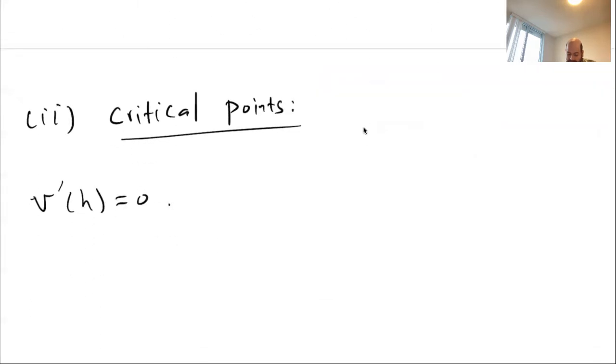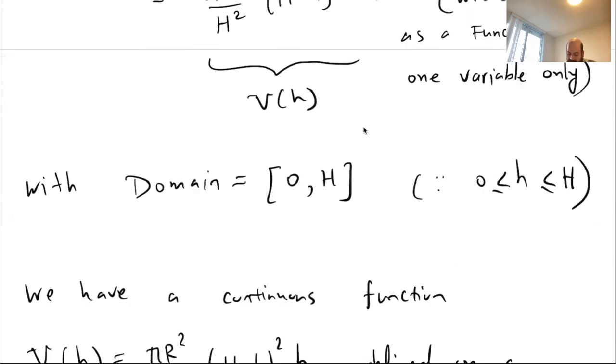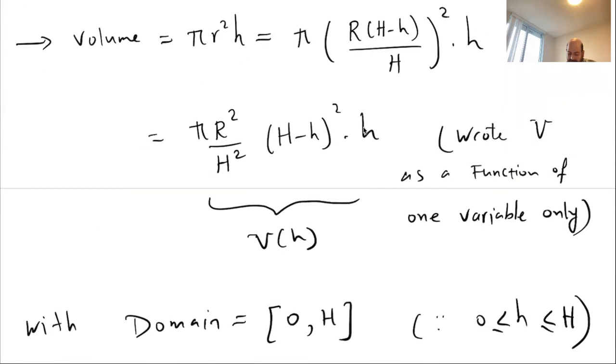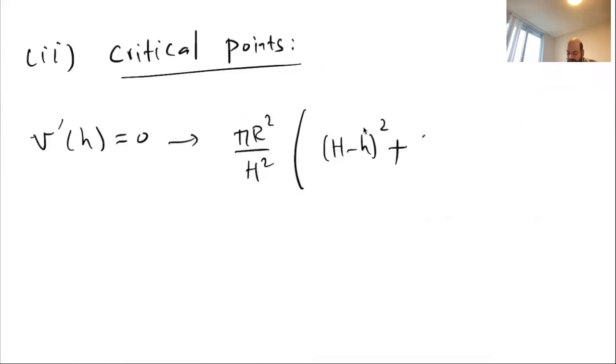So then I will have pi R squared over H squared times (H minus h) the whole squared, plus the derivative of this guy here, (H minus h) the whole squared. I can use the formula for the derivative of u squared, which is 2u u prime. So 2 times u prime, which is minus 1, times (H minus h).